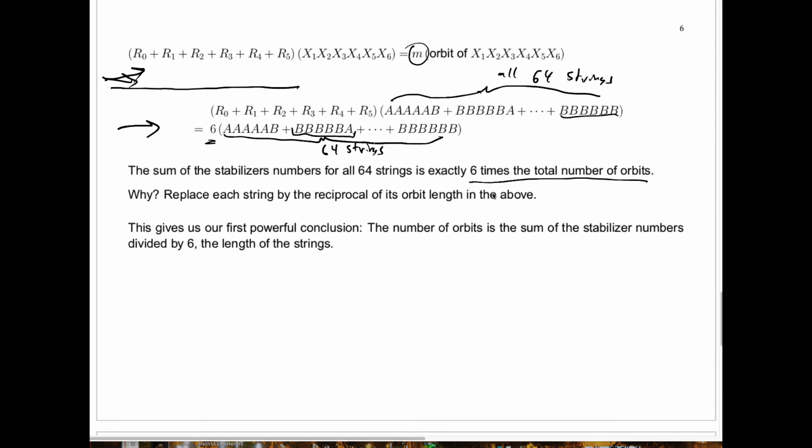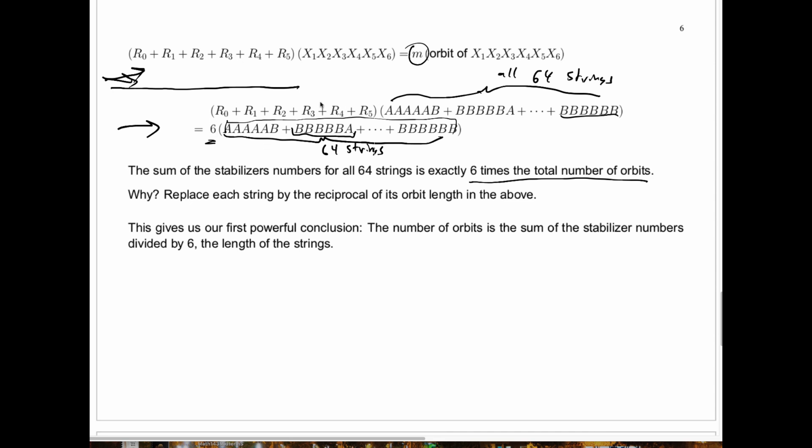We already saw what happens when we do that: the sum becomes the number of orbits, and we have that multiplied by 6. So the right side of this second equation is 6 times the number of orbits.